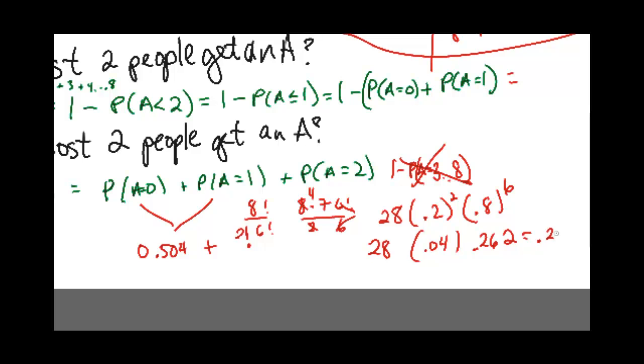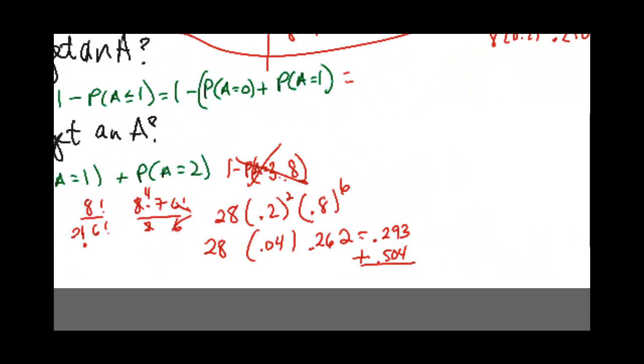So that's just for 2, right? So we have to take that plus 0.504 to get the answer to the question we're looking for. And that gives us 0.797. So that would be at most 2.